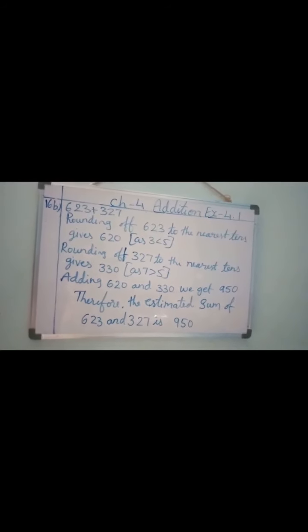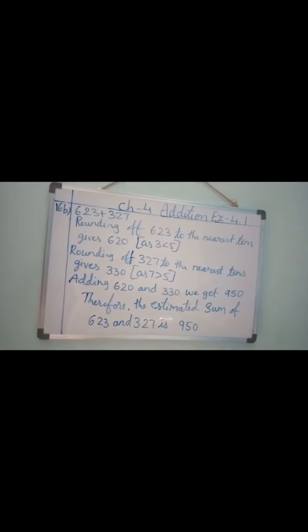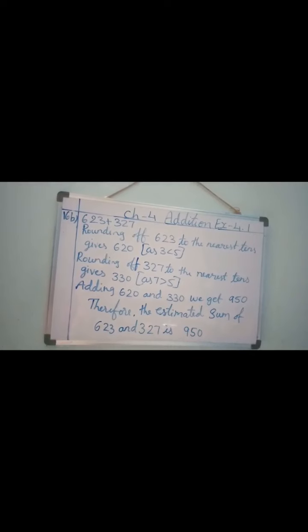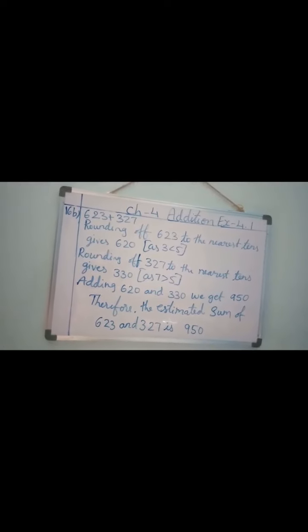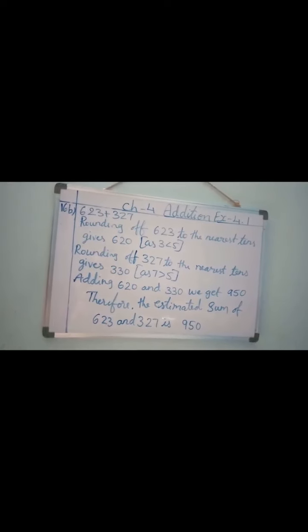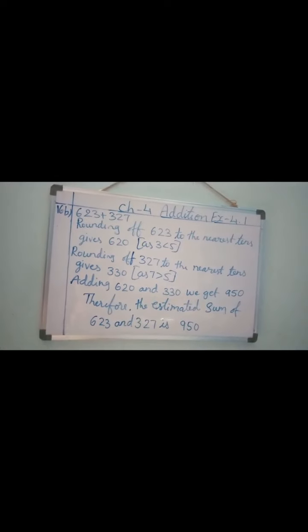Adding 620 and 330 we get 950. Therefore, the estimate sum of 623 and 327 is 950. Okay children? Copy properly. Check it and copy.